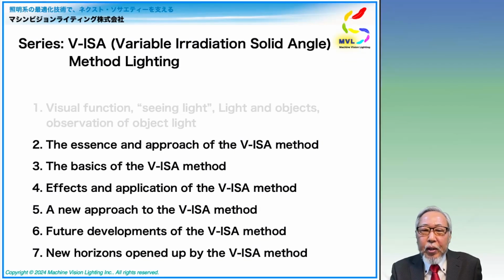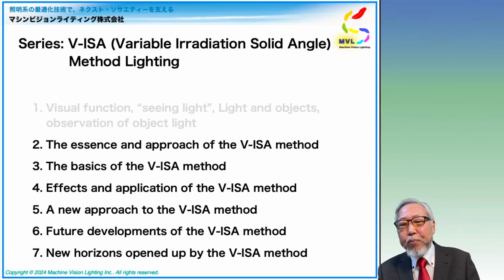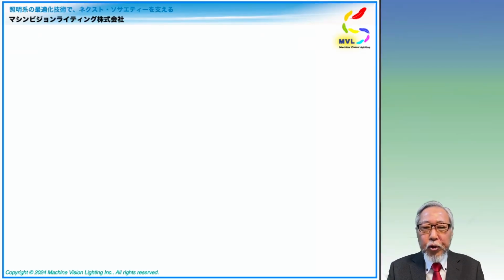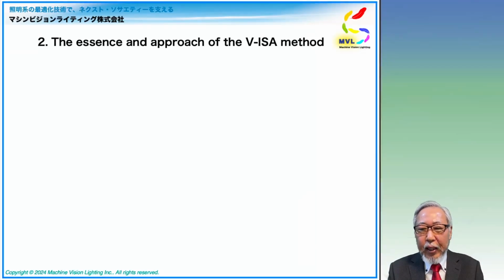This time, I will introduce the overview of the second and subsequent episodes of the seven-part series, Visa Method Writing. First, let's look at the essence and approach of the Visa method in the second episode.